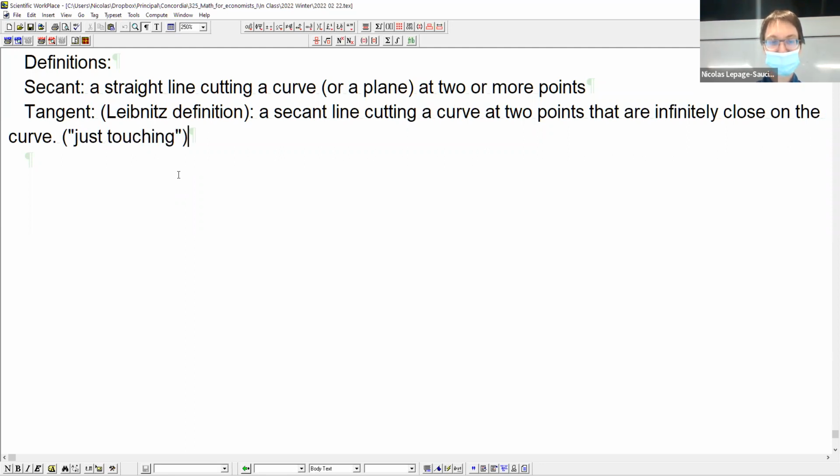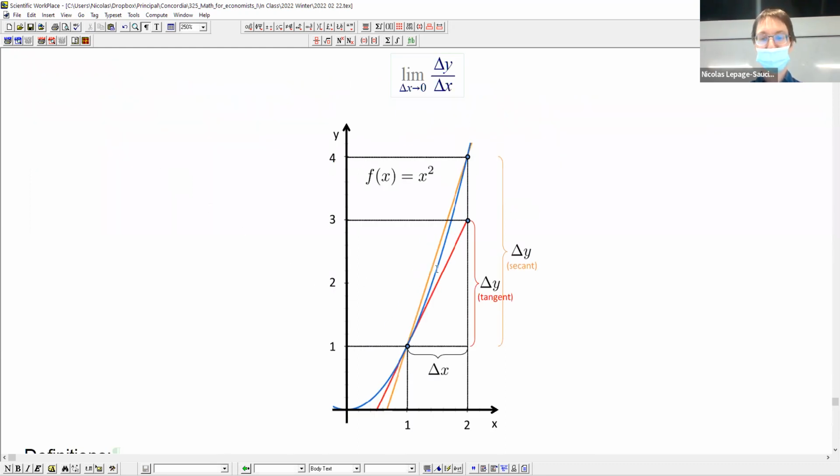Yes, that sounds very unwieldy for a mathematical definition. But why am I using this? Well, because the word tangent comes from the Latin, which means touch. So here's the tangent line in red that just touches this function, whereas the secant here intercepts it at 2 points. All right, so is that clear? If I took an even larger delta x, then I would get a different value for delta y over delta x.